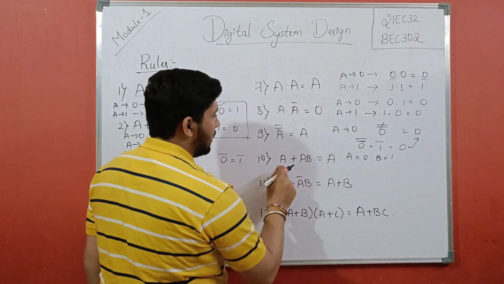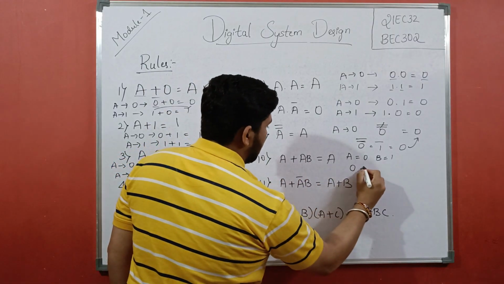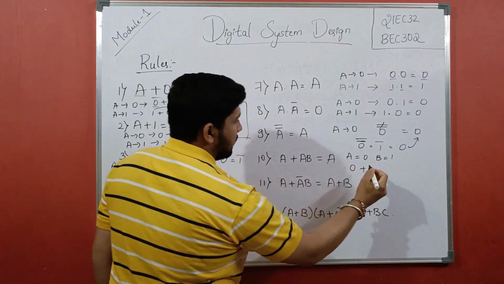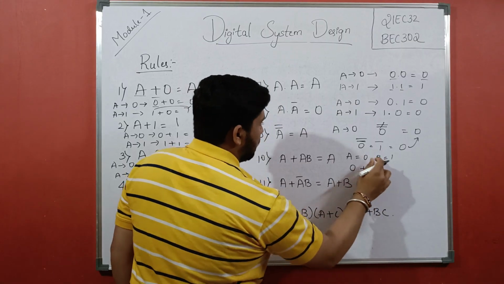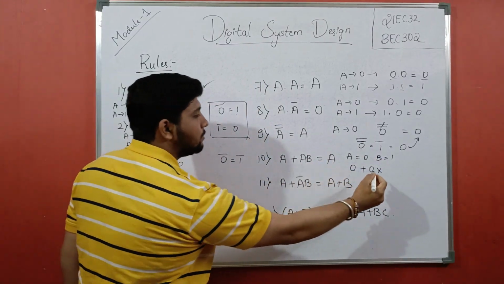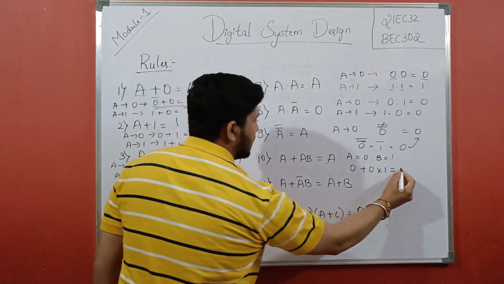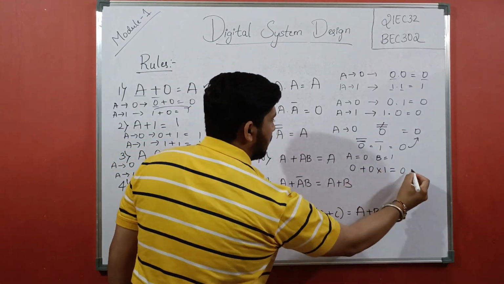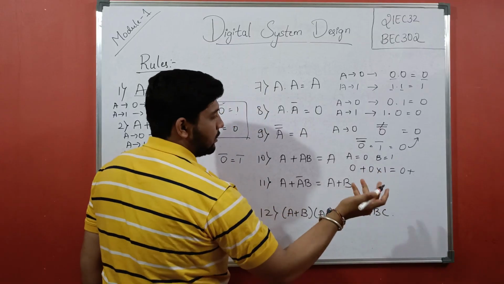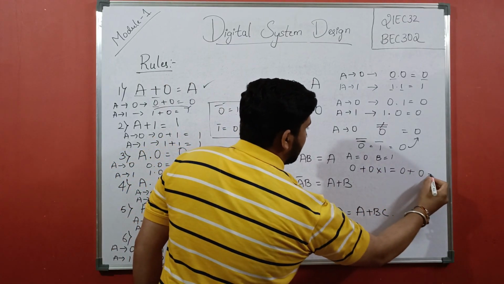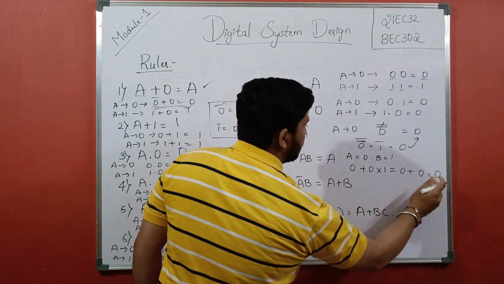So when I substitute the value of A here, it is 0 plus, here in place of A it is 0 into, what is the value of B? It is 1. Okay, so 0 plus 0 into 1 is 0 actually. So 0 plus 0 is actually 0.